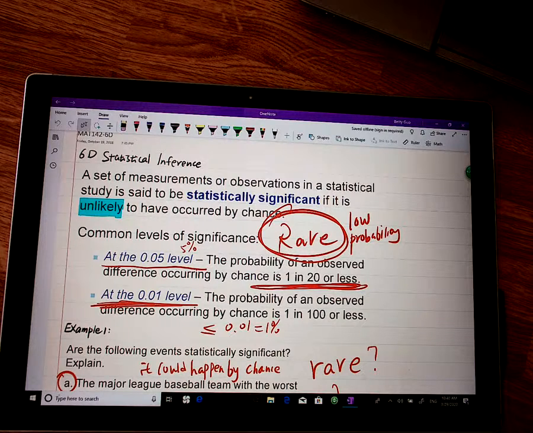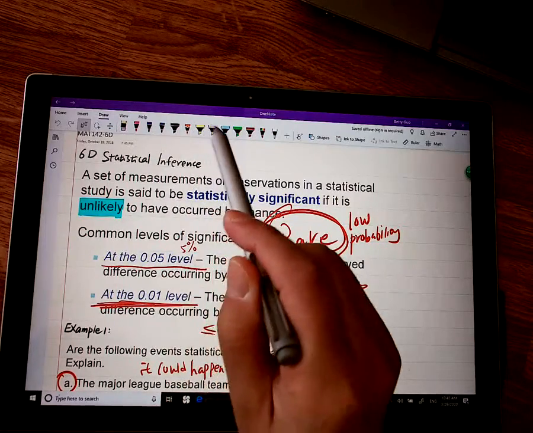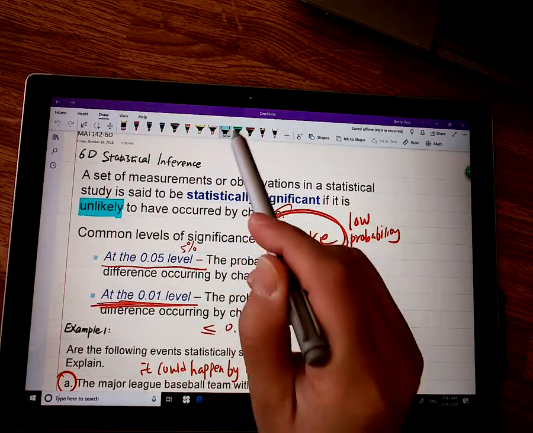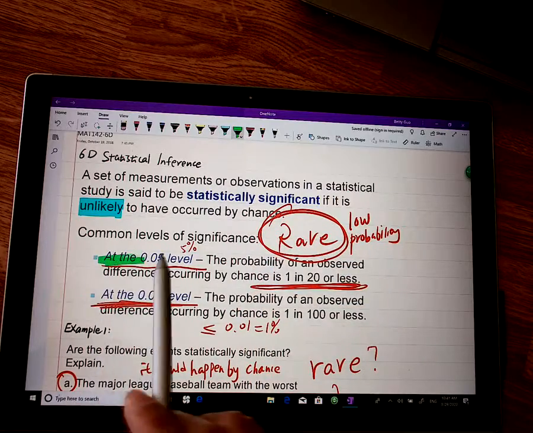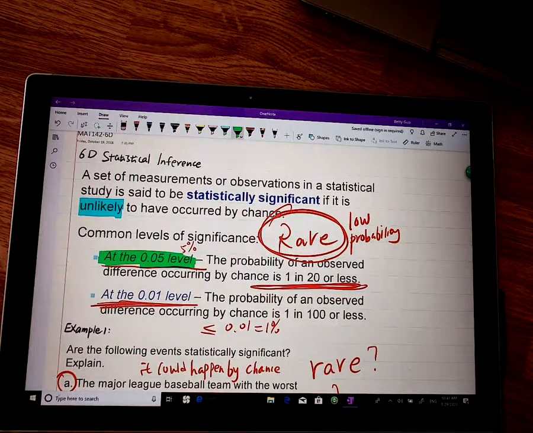If you say something has a low probability or rare, how rare is rare? We need to find a way to measure it, right? So when we say statistically significant, normally we have some condition. We have a criteria, like here: at the 0.05 level, yeah, that's the criteria.